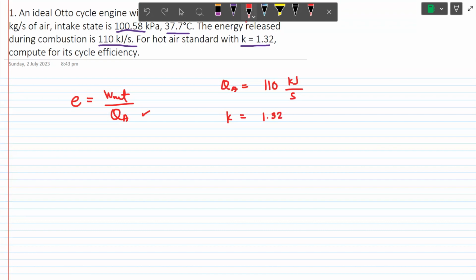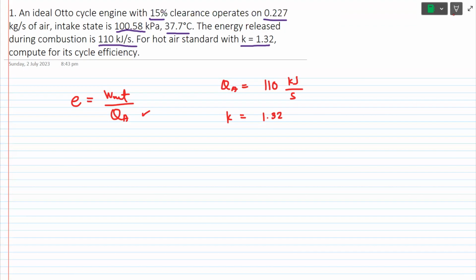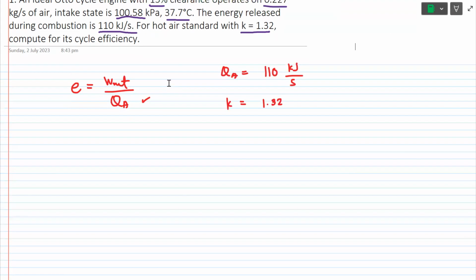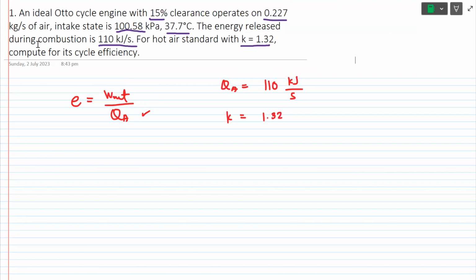What else do we have there? Okay, what else do we have here? You have 15% clearance, c. 15% clearance is 0.15.